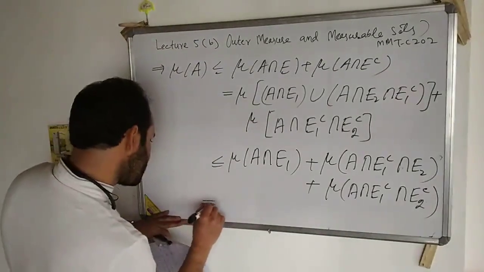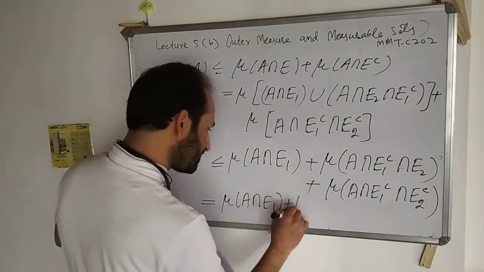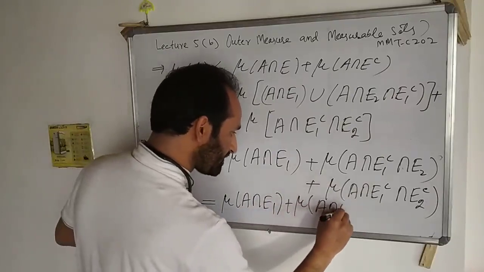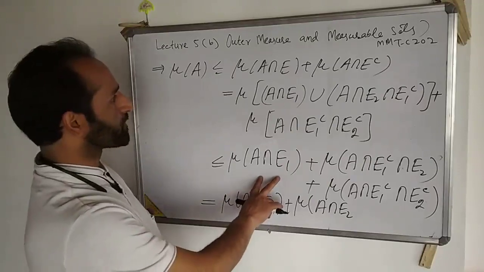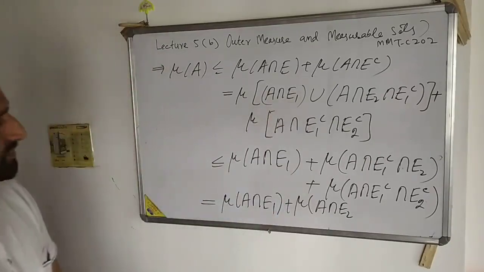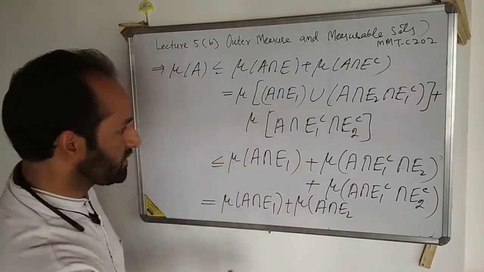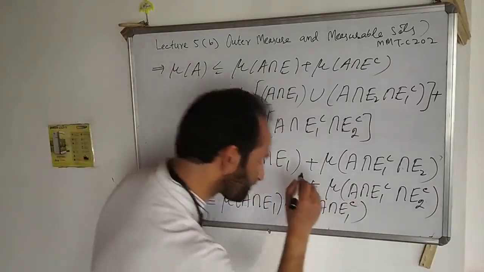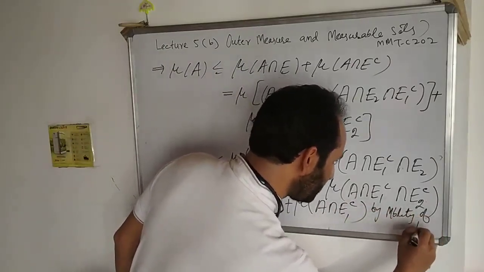So it's equal to mu of A intersection E1 plus mu of A intersection E1 complement. It's fine, by measurability of E2.